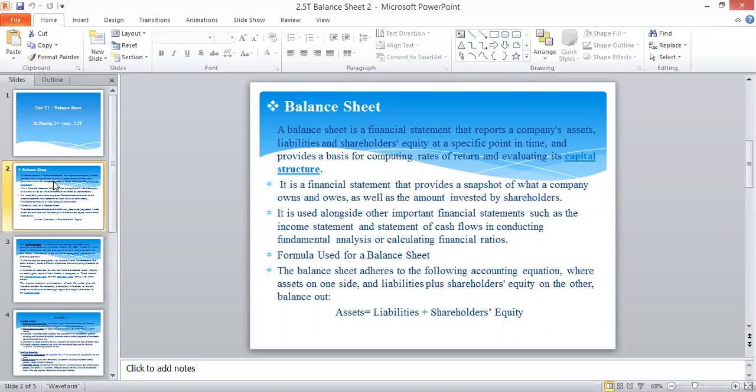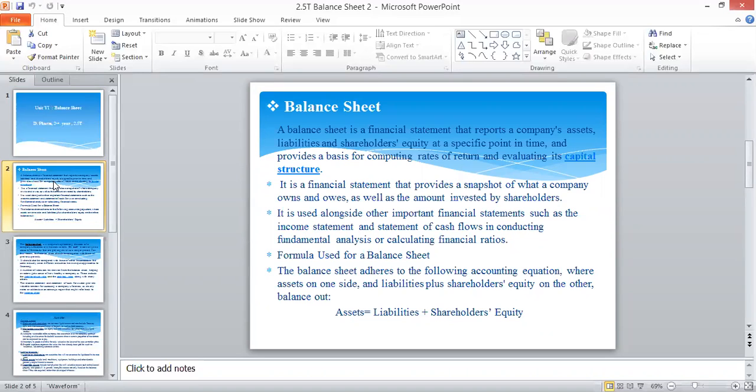It is a financial statement that provides a snapshot of what a company owns and owes, as well as the amount invested by shareholders.